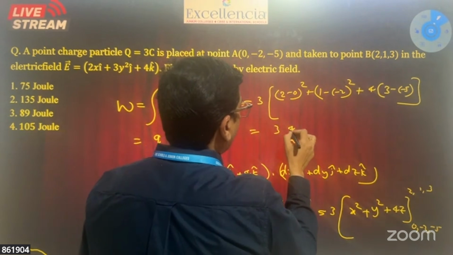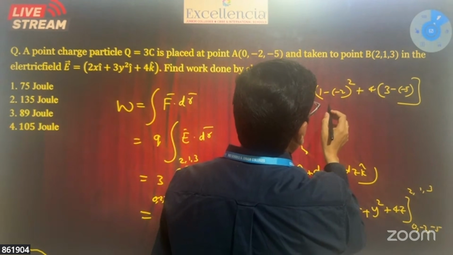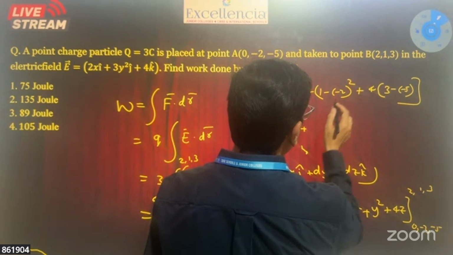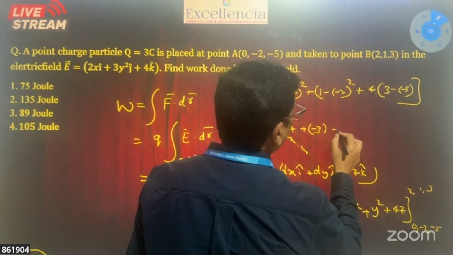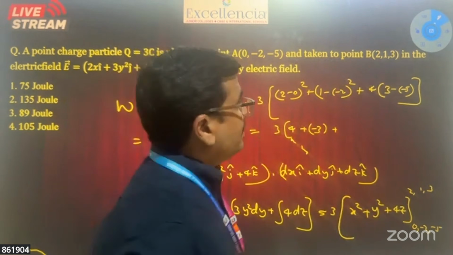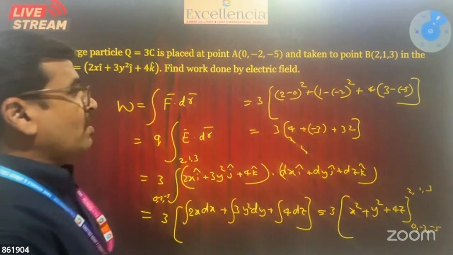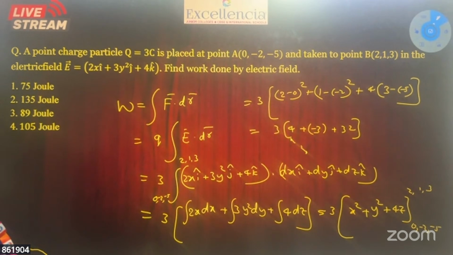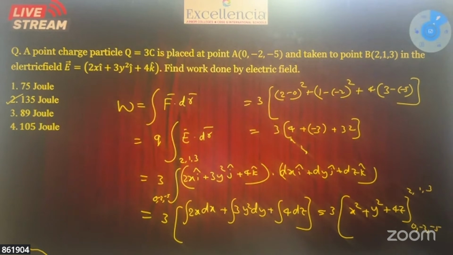So thrice of 4, and this is 4. So I'm getting here 4 plus 9 plus 32. So on substituting this, we are going to get somewhere 125 joules will be the correct answer after substituting the limits.